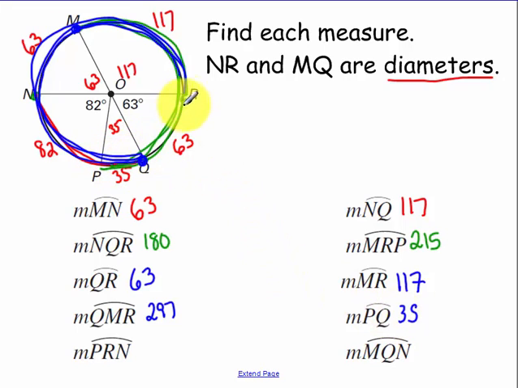PRN: P to R all the way to N, so this whole arc here. It's basically 360 minus 82, that's 278. And then lastly, MQN, starting at M, going through Q to get me to N, is another 297.